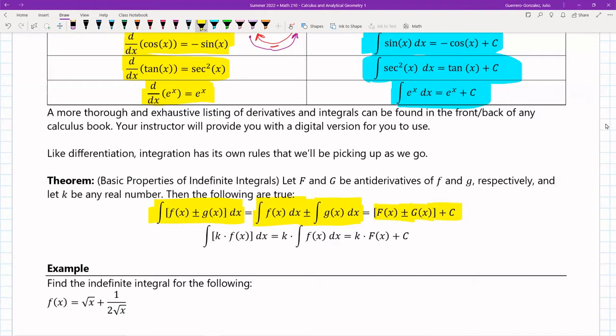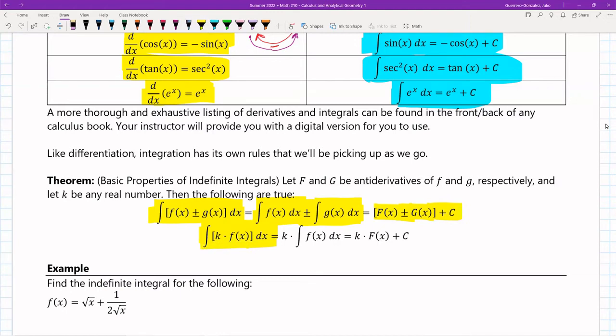The next rule is just as similar as the one for the derivative. If you had a constant times a function, you could just take the derivative of the function and then just tack along the constant afterwards. So same thing with the integral. Let's say you had to take the integral of k times a function.